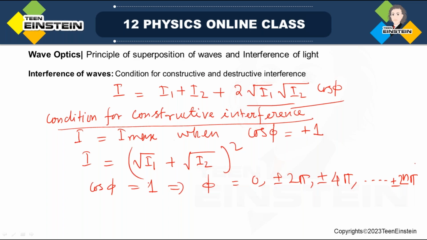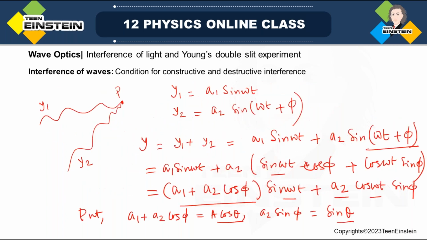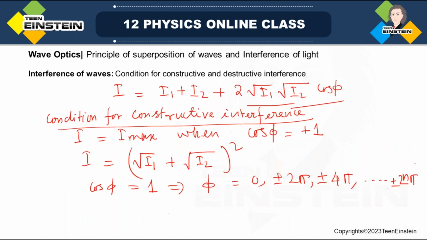So the interference will be constructive in nature if the phase difference between the interfering waves is an integral multiple of 2 pi. Here we have taken the waves as one sin omega t, another one sin omega t plus phi, so the phase difference is phi only.